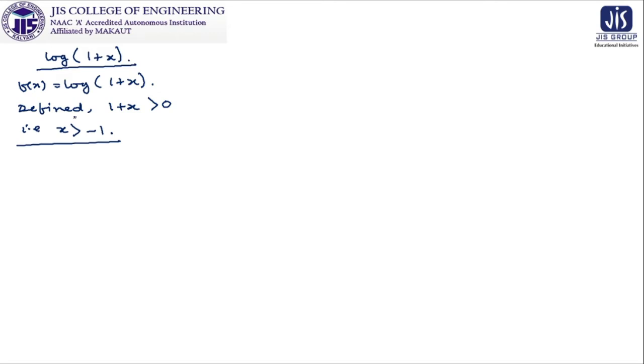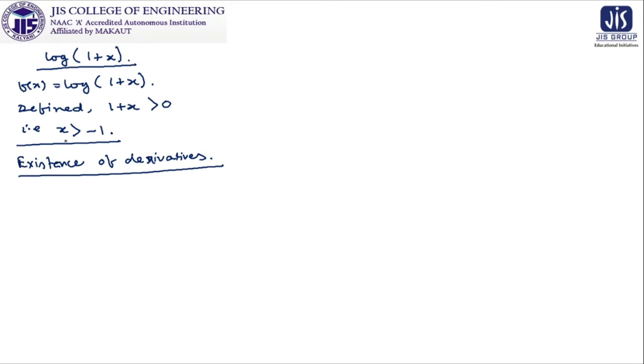And it is also important that log of 1 plus x possesses continuous derivatives of all orders for every value of x when 1 plus x is greater than 0. Otherwise, the existence of derivatives has to be stated. Otherwise, we will not be able to use the process through which we are applying this.